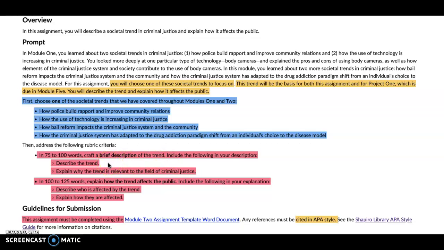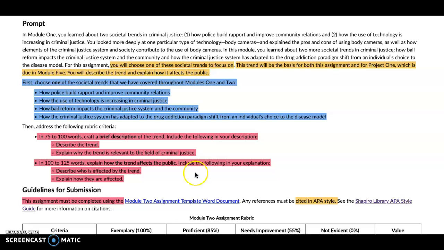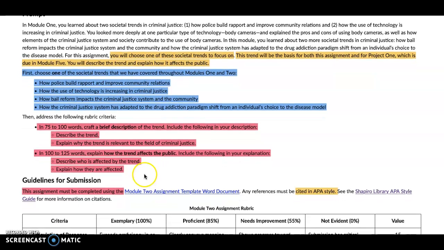So you have to describe the trend, whichever one you select, and then you need to explain to me why the trend is relevant in the field of criminal justice. Secondly, in 100 to 125 words, you need to explain how the trend affects the public, including the following in your explanation. Describe who is affected by the trend and explain how they are affected.